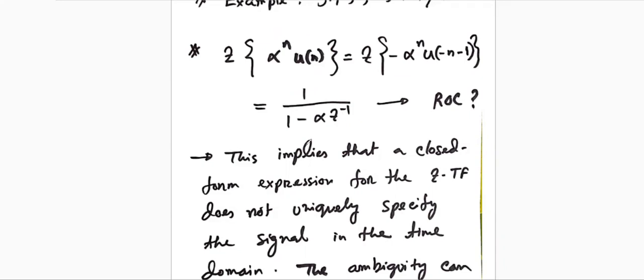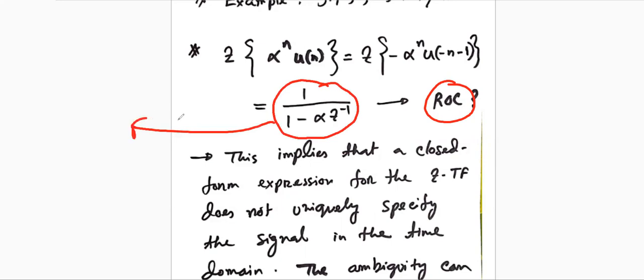That definitely makes our life difficult without the ROC. Why? If you want to do the inverse Z transform, there could be two solutions. As I have already mentioned in the previous lectures, the Z transform is a one-to-one function, but the inverse here is one-to-many. So if this is in the Z domain and you want to do the inverse Z transform, then you may have two solutions.